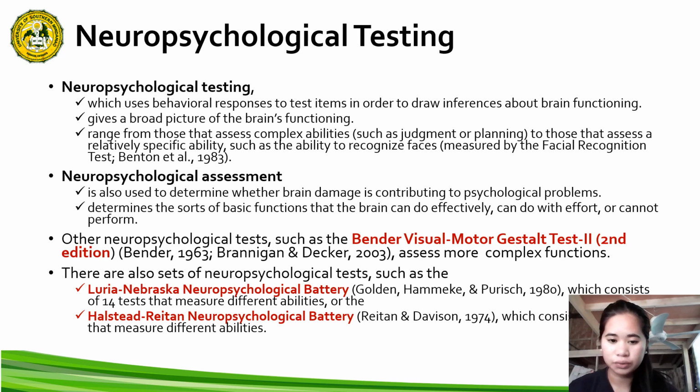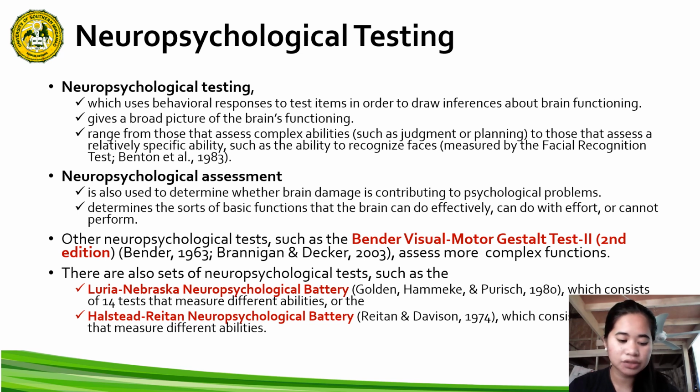The Luria-Nebraska was developed in an attempt to combine the qualitative techniques of some neuropsychological tests with the quantitative techniques of others. However, the scoring system that most clinicians use is primarily quantitative.